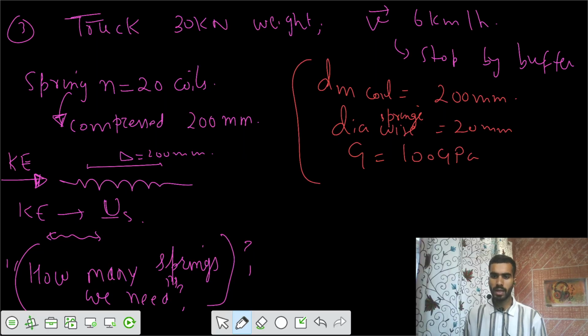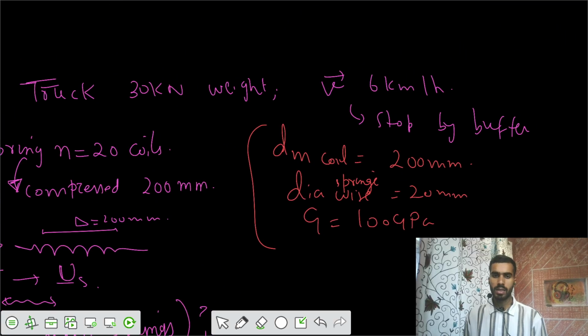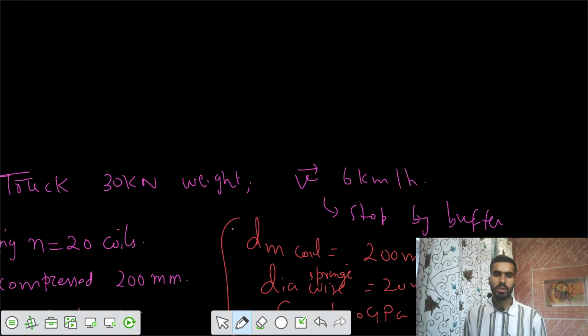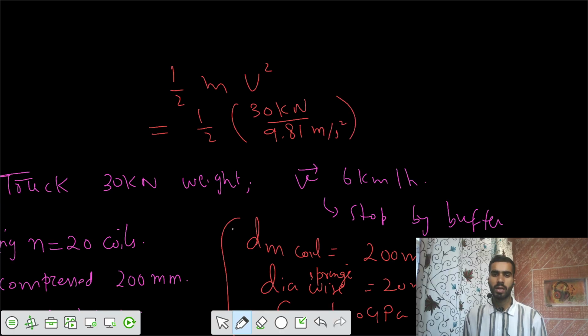If I say what is the kinetic energy developed, that's 1/2 m (v initial square minus v final square). So finally I would write 1/2 times m, the mass of that truck, which is 30 kilonewton divided by g, that's 9.81 meter per second square, multiplied by V, velocity 6 kilometer per second.